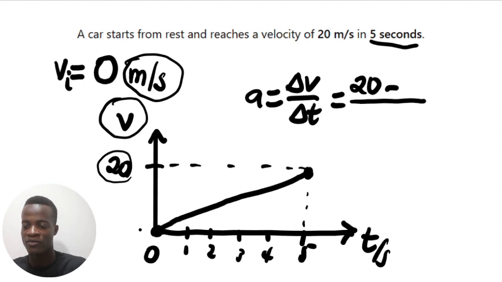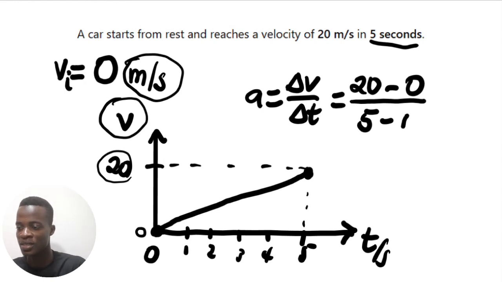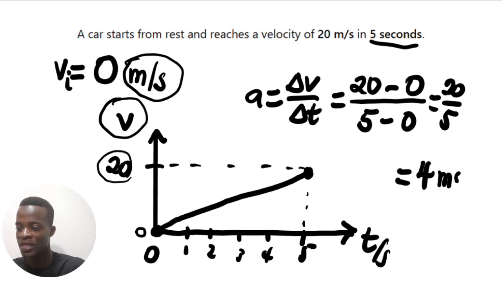Where do we start from? We started from 0. So 20 minus 0, over the final time where we reach, which is 5, minus the initial time, which is 0. The top gives us 20 and the bottom gives us 5. The final answer is 20 over 5, which is 4, and the unit is meters per second squared.